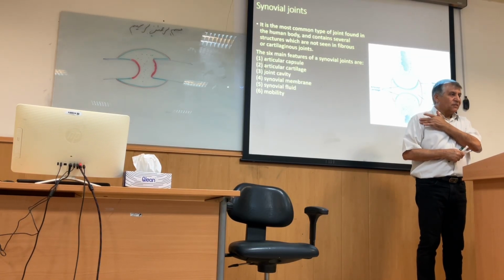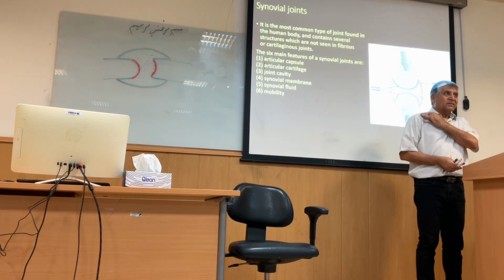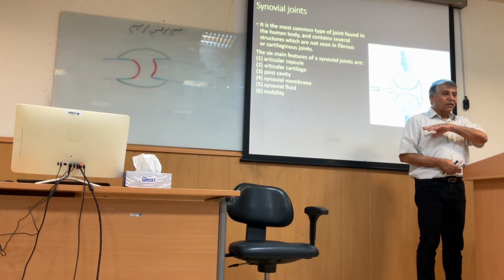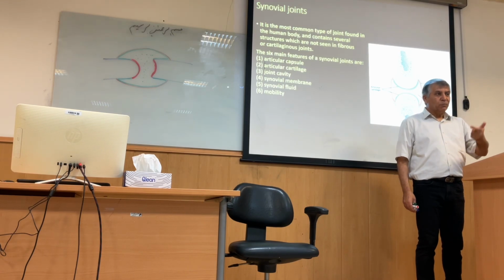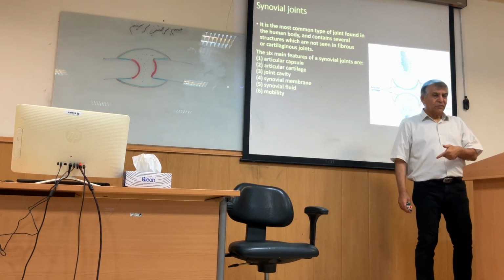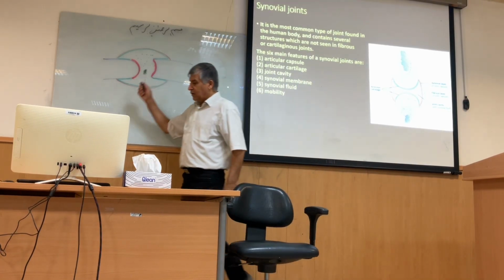The articular surface is covered by hyaline cartilage. Inside the articular capsule, lined by synovial membrane. Synovial membrane secretes synovial fluid for lubrication of the articular cartilage. Okay?